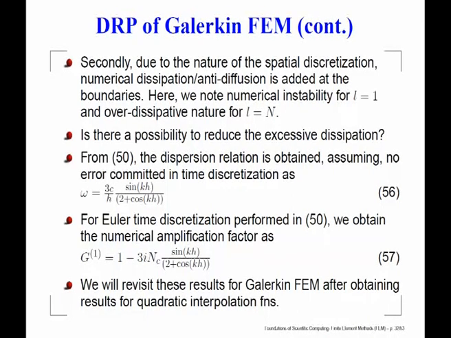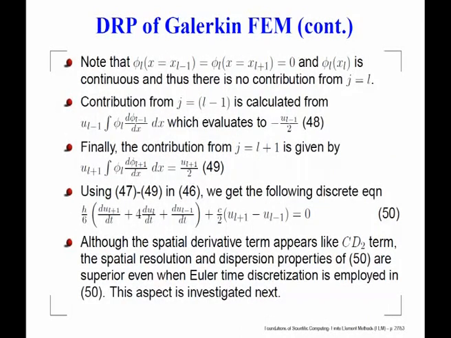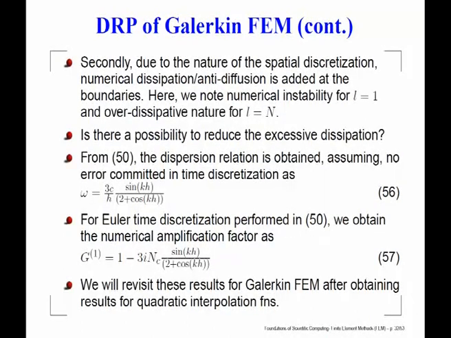However, what you could do is decide, having obtained the discrete equation of this kind, what we have written here, 50. Suppose we perform an Euler time integration, right. So, in each of these terms I will write it as U L plus 1 at n plus 1th time level minus U L plus 1 at nth time level, and then apply that Fourier Laplace transform, then we will get this g of 1.